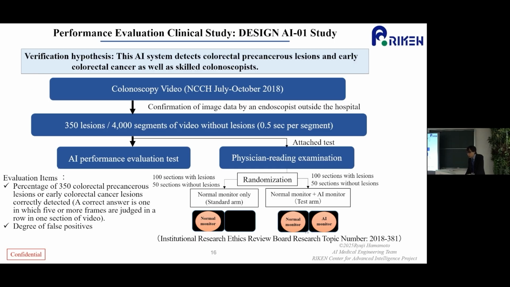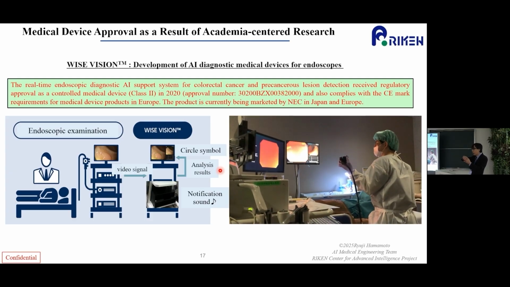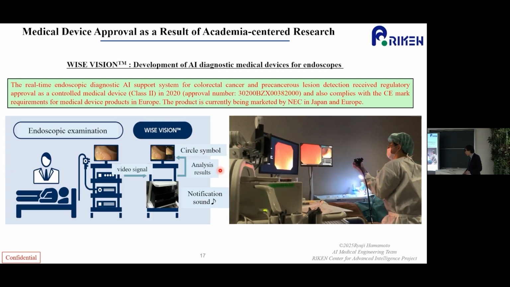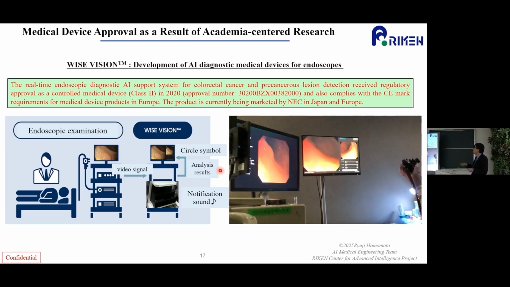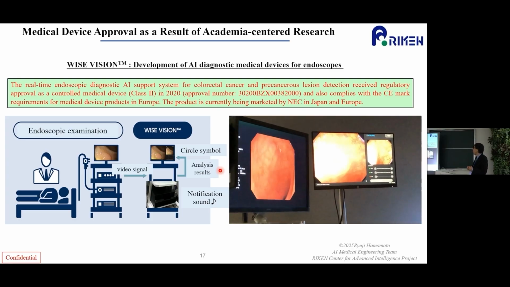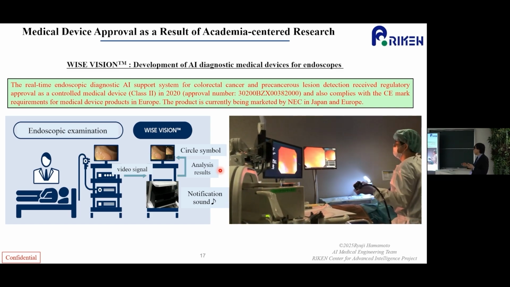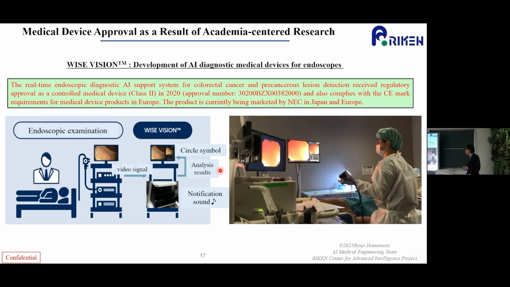We conducted an AI performance evaluation clinical study, and as an attached test, we conducted a physician reading examination. It was a very, very long way to apply our results in clinical settings, but finally we got approval from the Japanese FDA as a medical device in 2020, and we also got the CE mark in Europe.